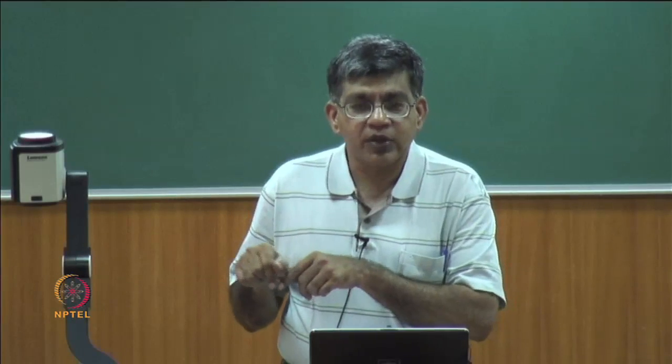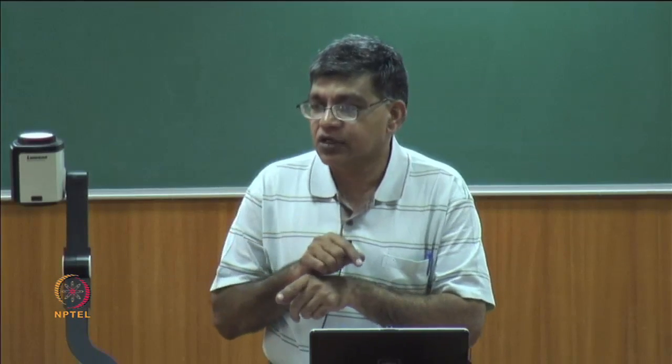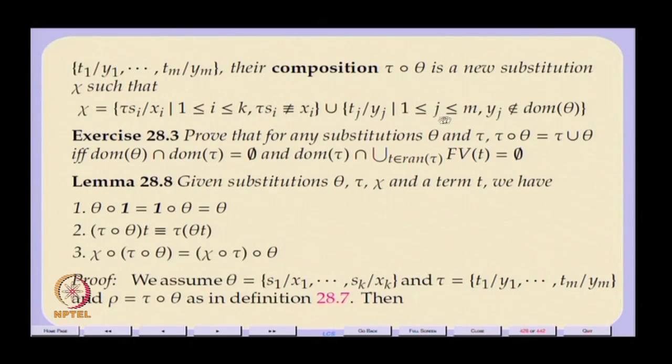If those variables have to be disturbed, they will be disturbed only by tau. So this second component of the union tells you that all those variables which are not in the domain of theta get replaced by whatever tau specifies for them.